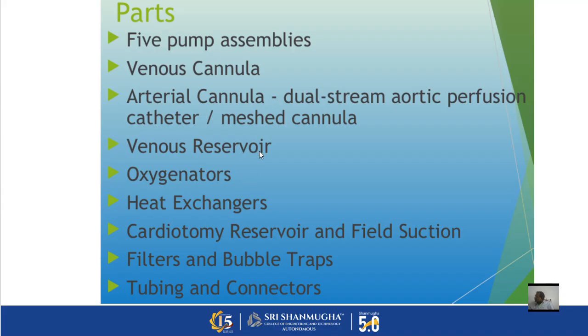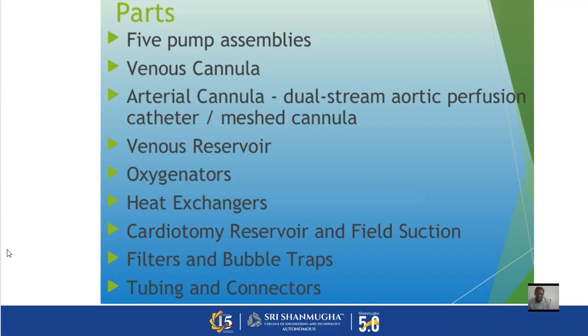From the venous reservoir, the blood goes to the oxygenators. There are different types of oxygenators that we will see by and by. The main use of the oxygenator is to remove carbon dioxide and supply oxygen to the blood, which is again infused into the body.